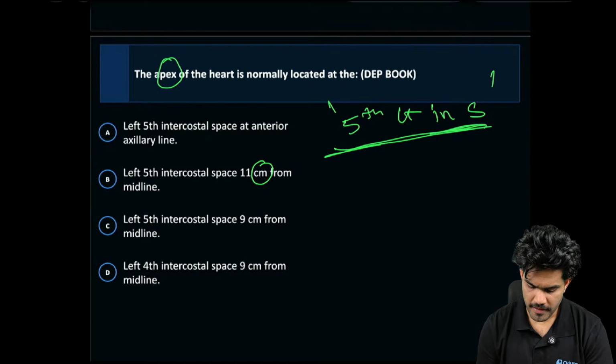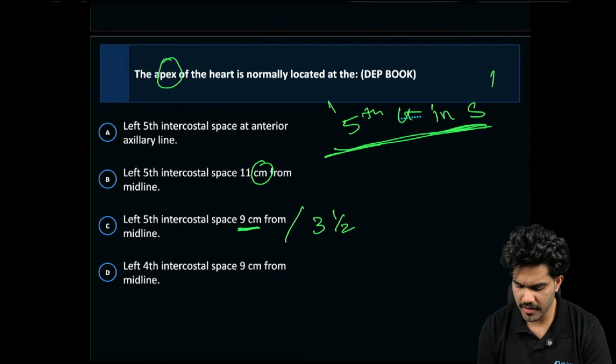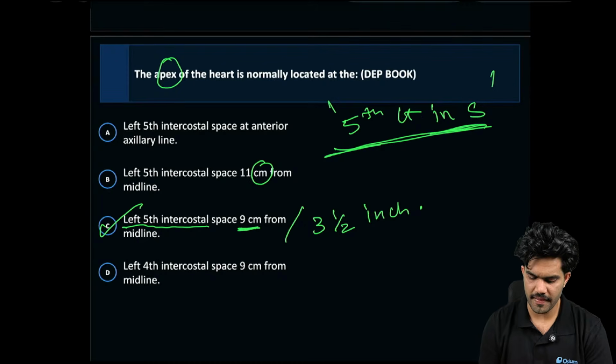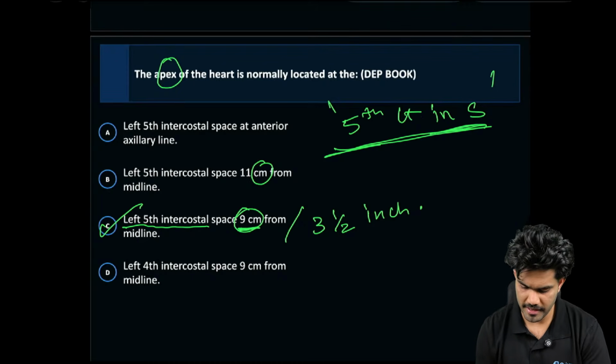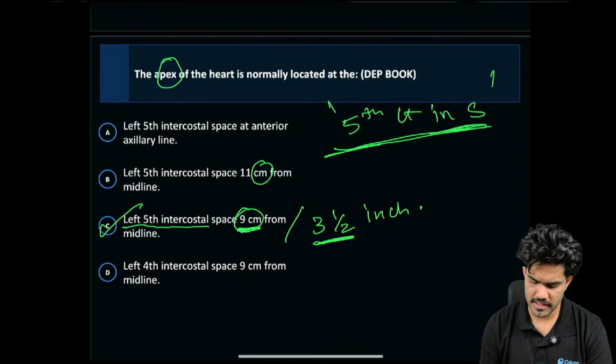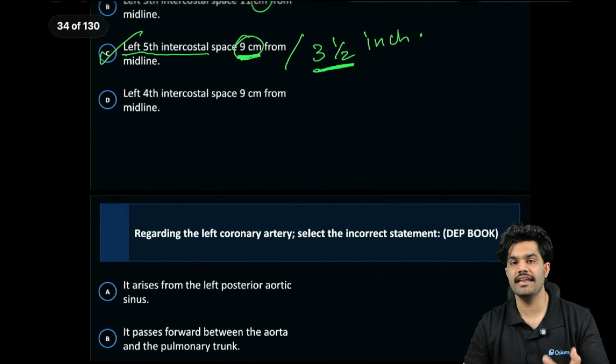So it is 9 centimeters, or we can write it is 3.5 inches. So C will be the answer. Left 5th intercostal space, 9 centimeters from the midline. In centimeters, please focus because it's one of the most important questions. Apex is most important clinically also.